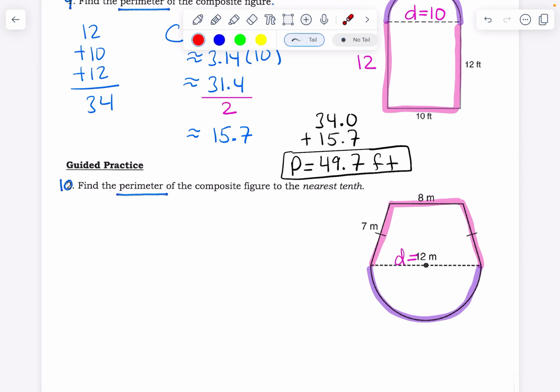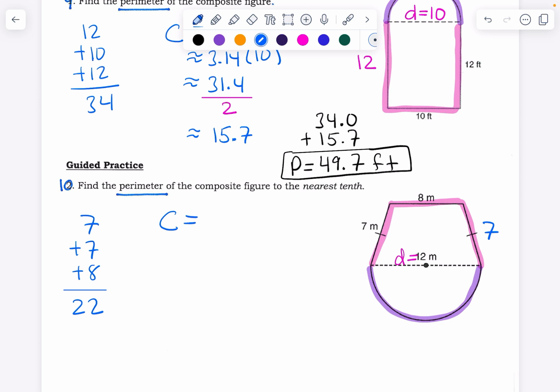And if this side is 7, this side is 7. These little tick marks mean that they're congruent, that they have the same length. So let's add 7 plus 8. That would get us 22. Those three sides add up to 22.